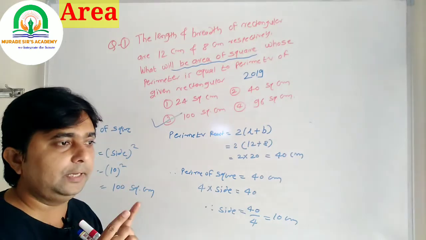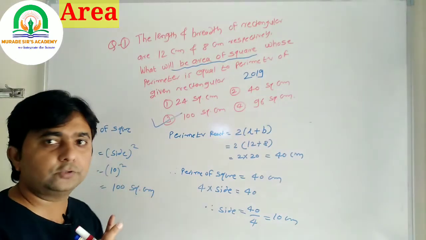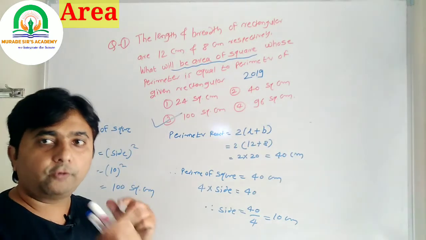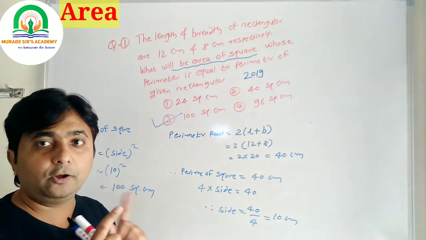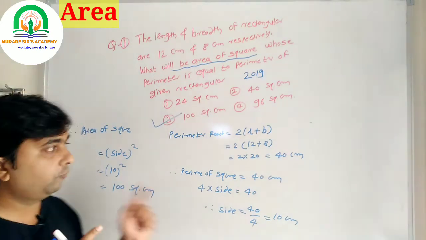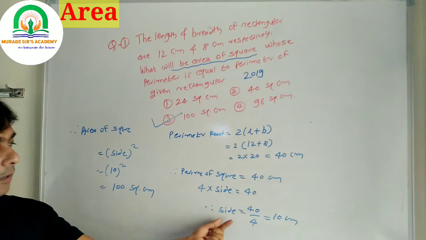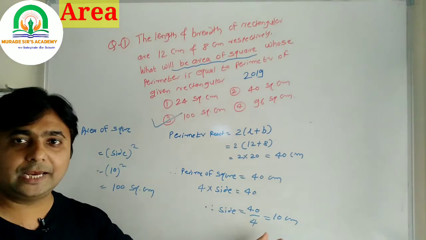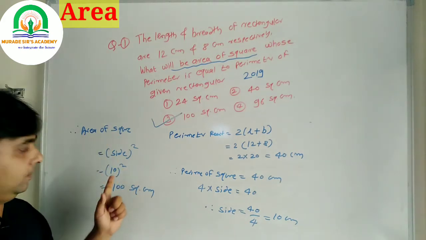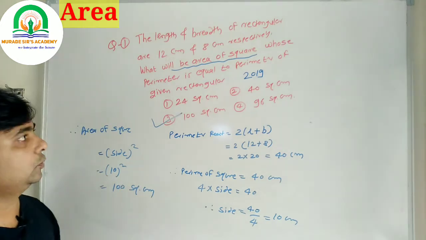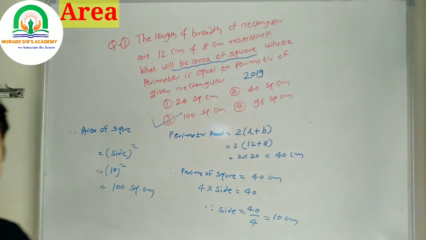Then this perimeter is equal to the perimeter of the square. From this formula we calculate one side of the square. Once we get one side of the square, the area of the square is equal to side squared, which means 10 square centimeter.